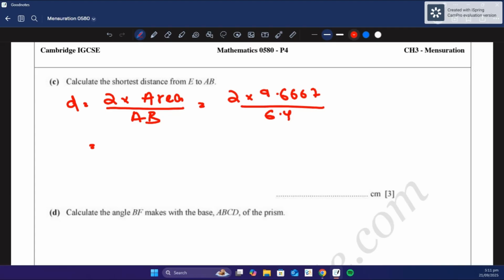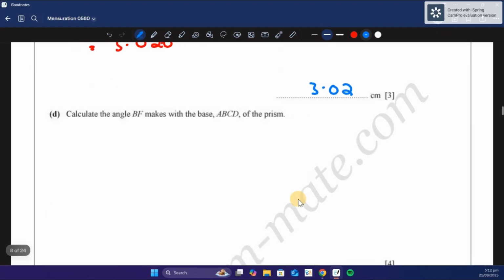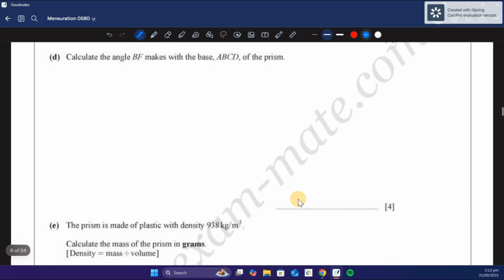That would give us 3.020. That gives us a final answer of 3.02. Alright, part D. Calculate the angle BF makes with the base ABCD of the prism.